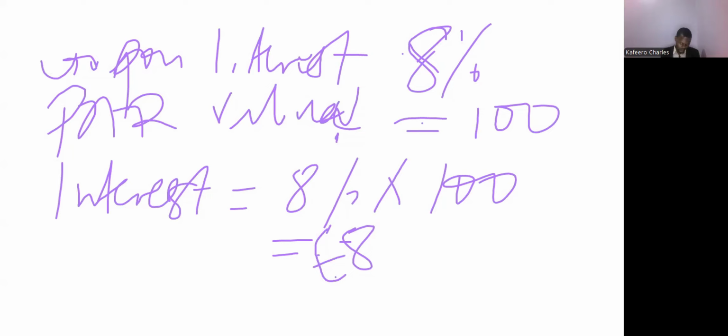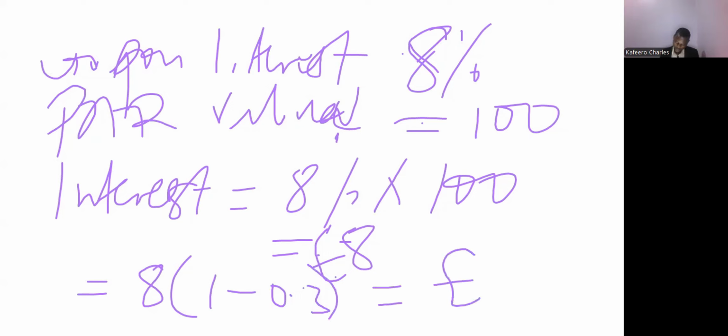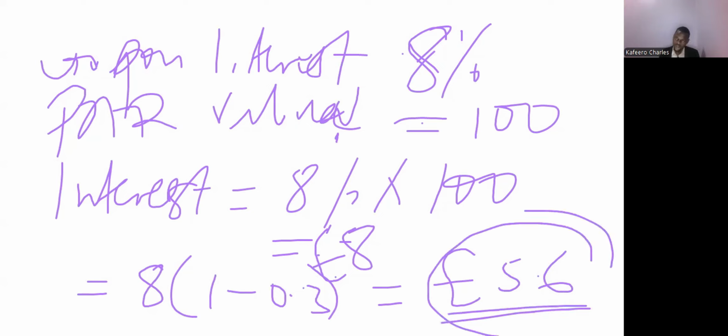Now, I used the other approach of first adjusting the cash flow for taxes. So I adjusted this cash flow, 8 pounds, by 1 minus the tax rate, which was 30%, that is 0.3. So this is going to give you 5.6. So this 5.6 is what I used on the other side as the cash flow, adjusted for tax.